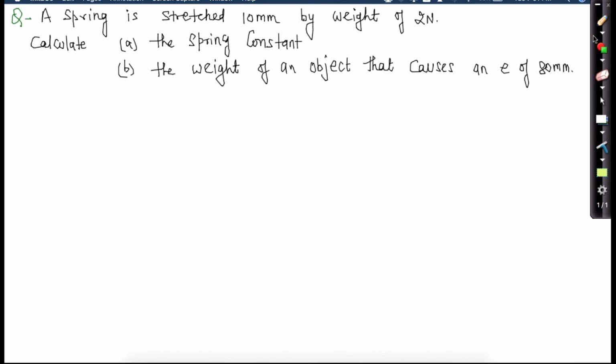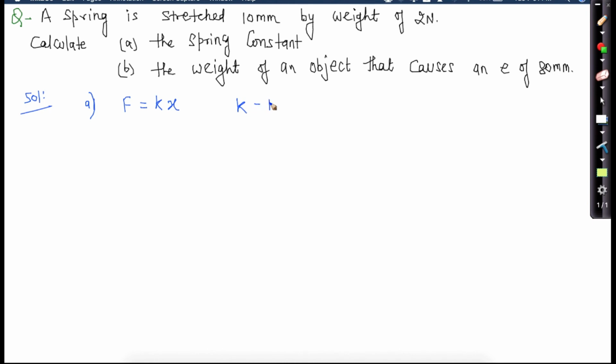So first solution, it's very easy. Simply they're asking for the spring constant, so you know that for part A, F is equal to Kx.